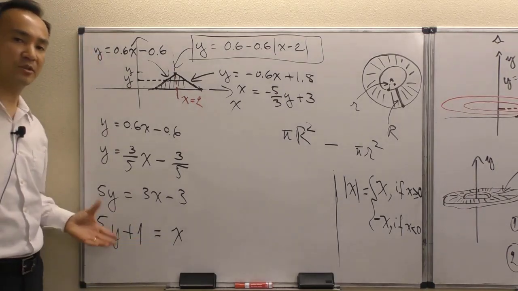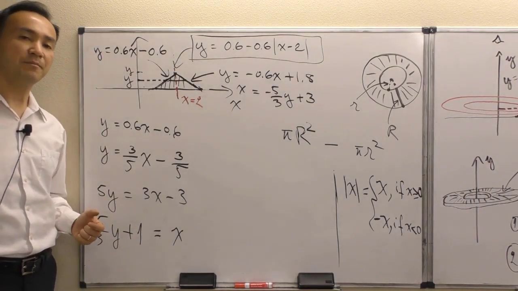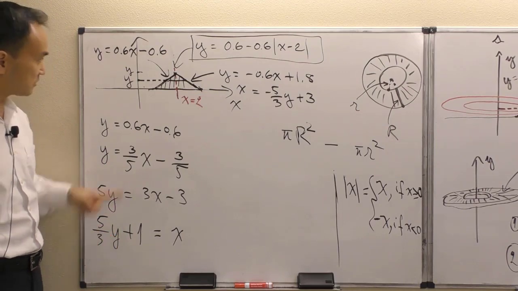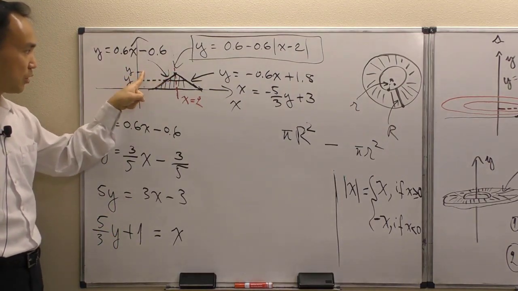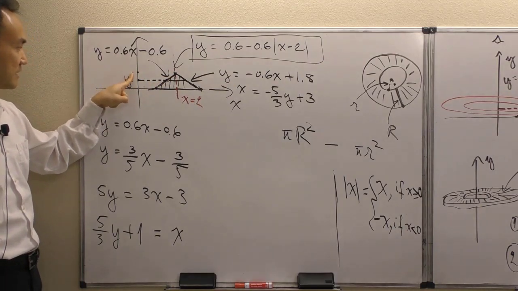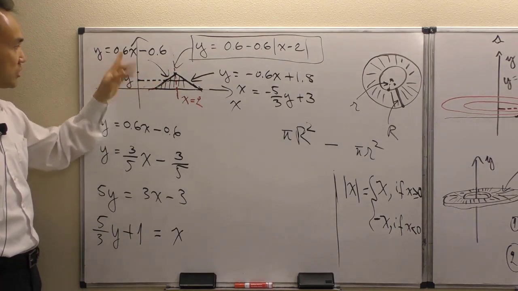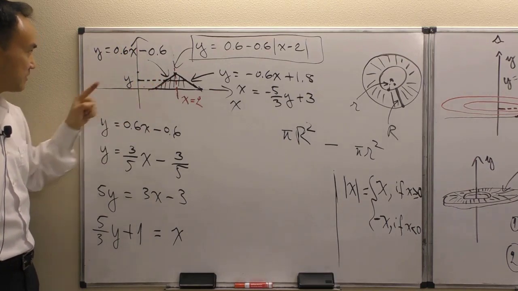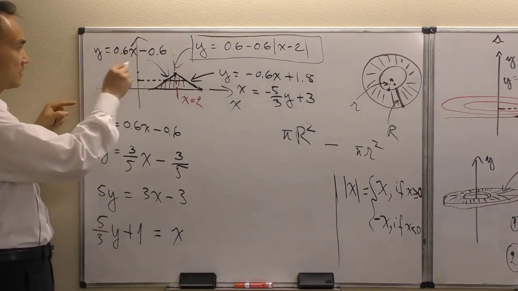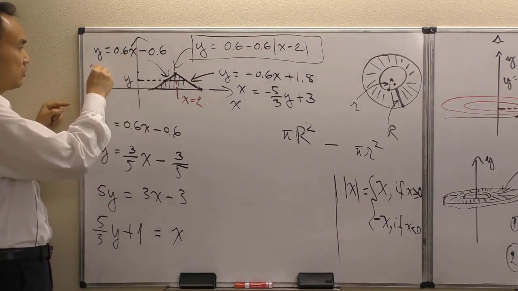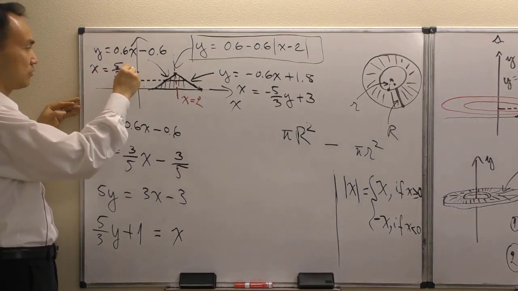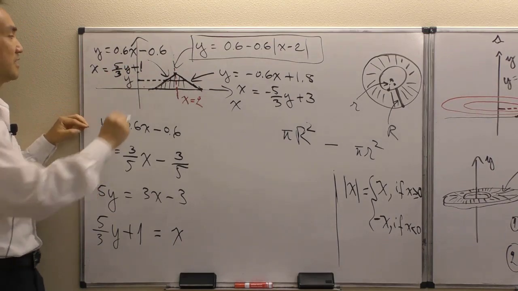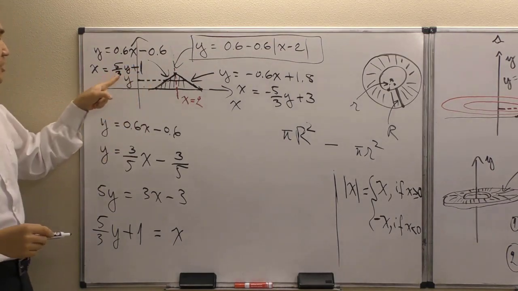Okay, so now allow me to start picking up pace on the algebra over here. This curve, which I call the closer curve, the boundary that's closer to the rotation axis, we can also express as x equals 5/3 y plus 1.